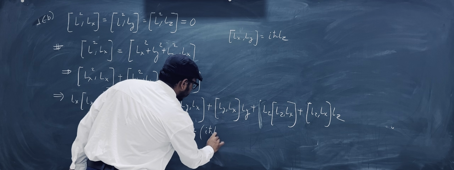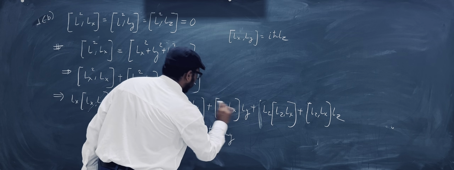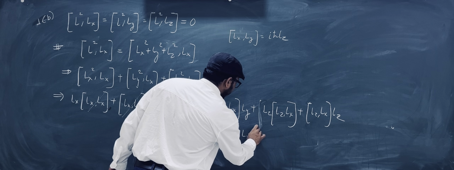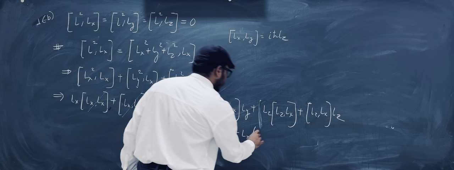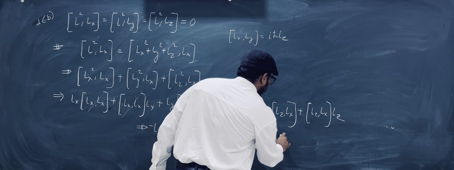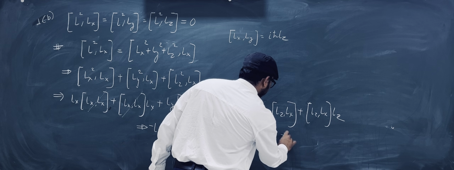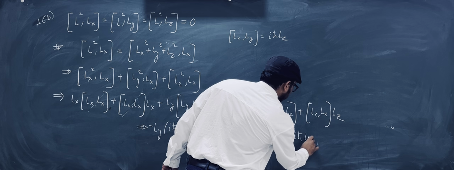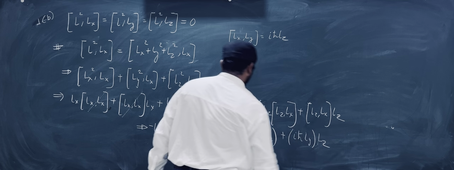So it's iħ Lz. This is Ly now plus Lz, and this operator is Lz Lx. It is iħ Ly. Similarly, this can be written as plus iħ Ly and Lz.